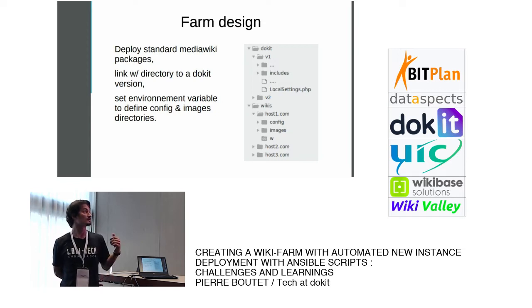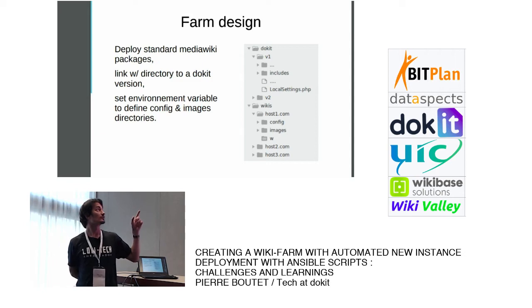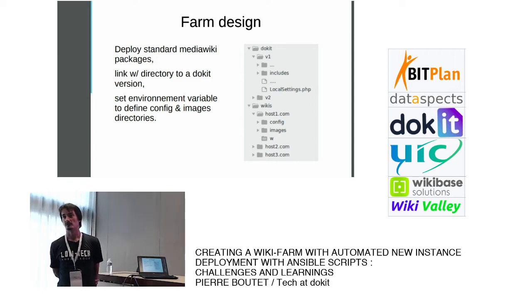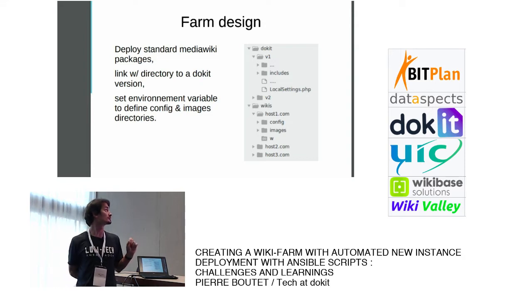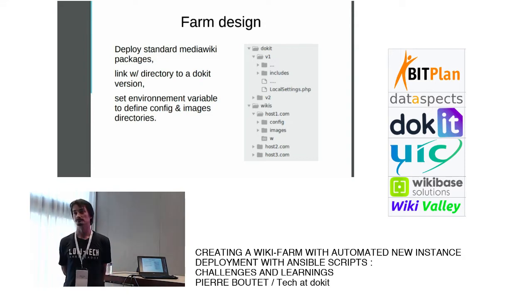The link is simply made with a symlink to one of the dokit version files. So, from the point of view of the Apache server, it's just a simple directory. The host points to the dokit directory, and the link with the config files is just made with a configuration variable. I hope I'm clear so far.